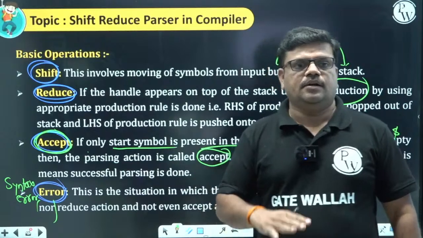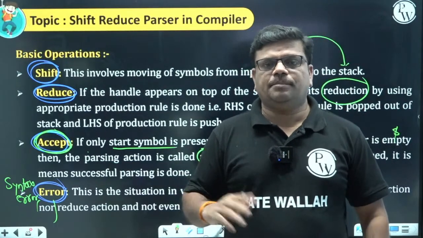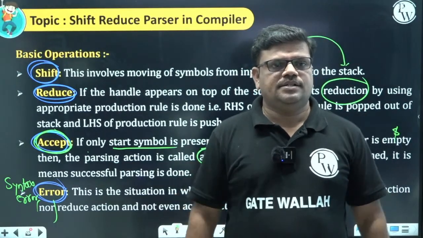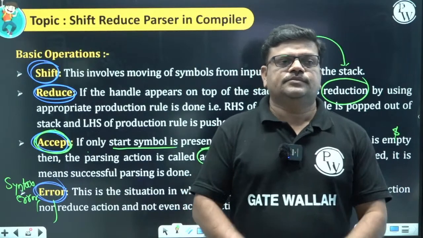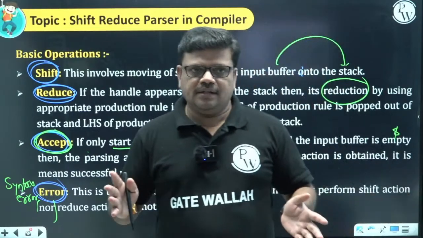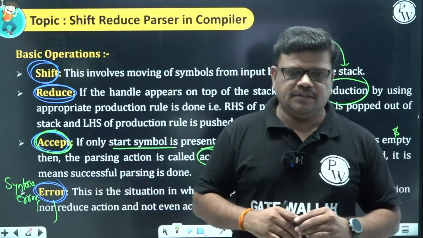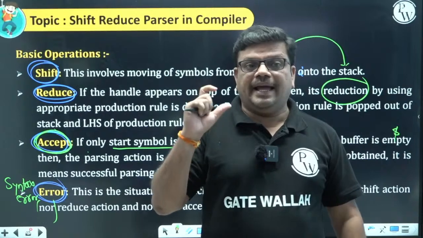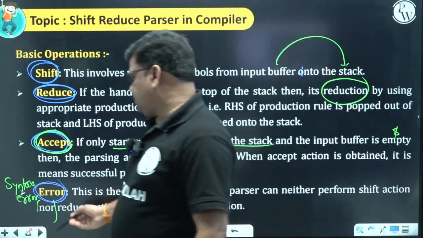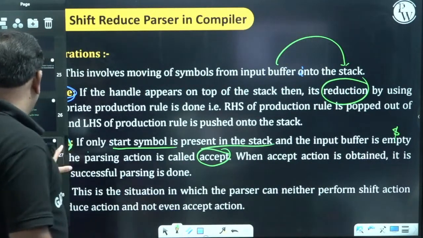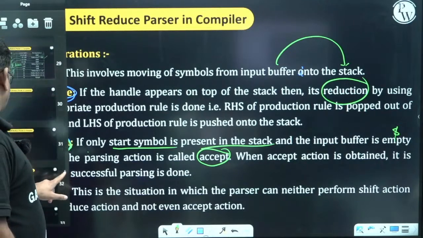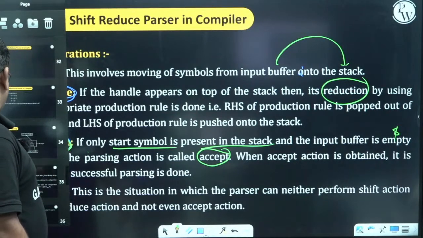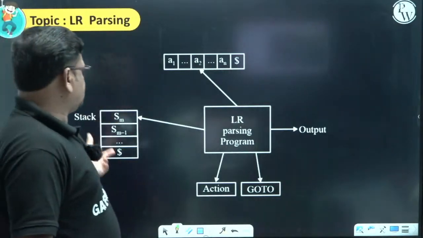With the help of these four, whenever you are doing parsing, that is called shift reduce parsing. For today, I am just introducing shift reduce parsing. In the next class, we'll come with LR parsing, the most powerful parsing in bottom up parsing.